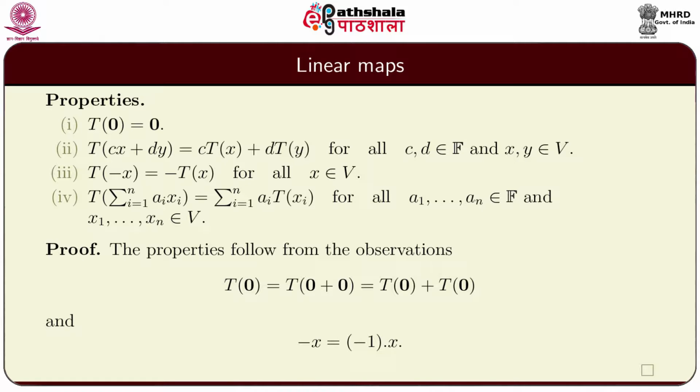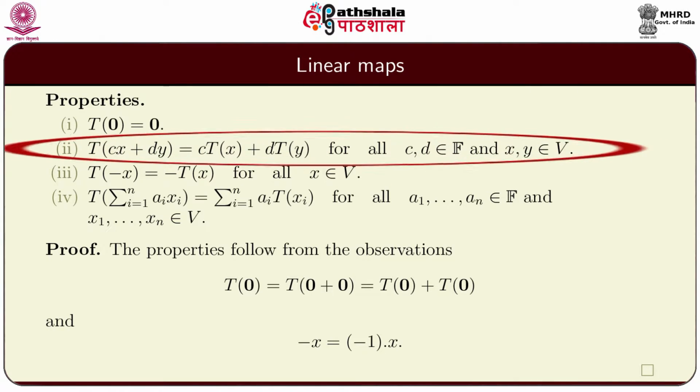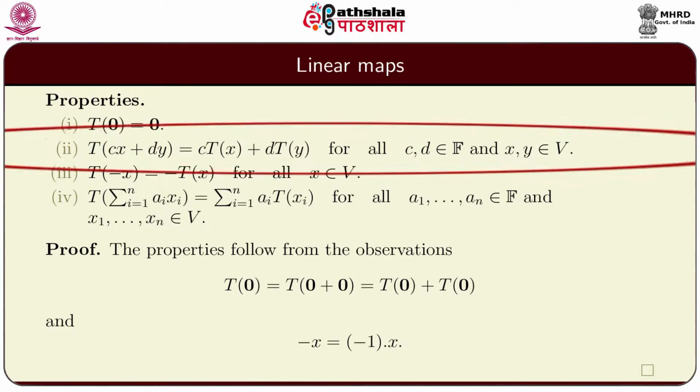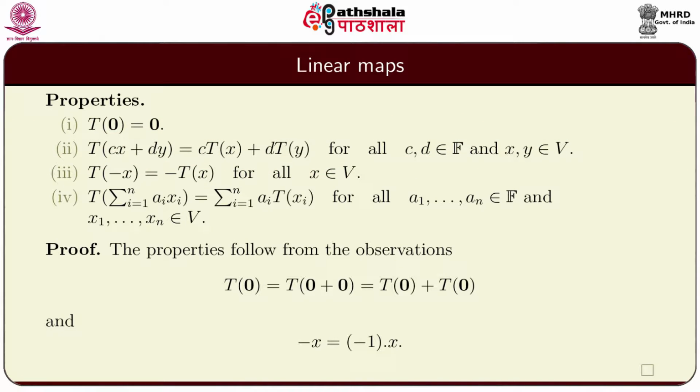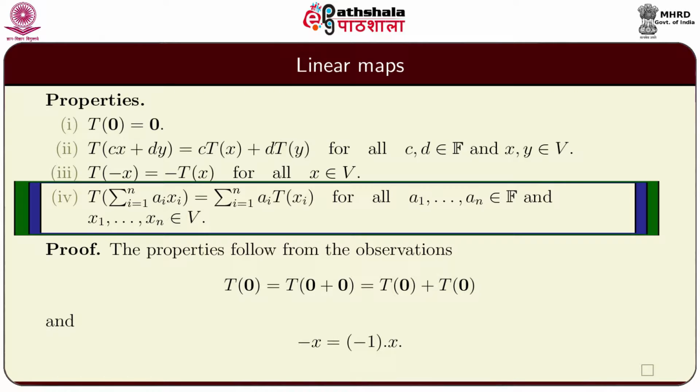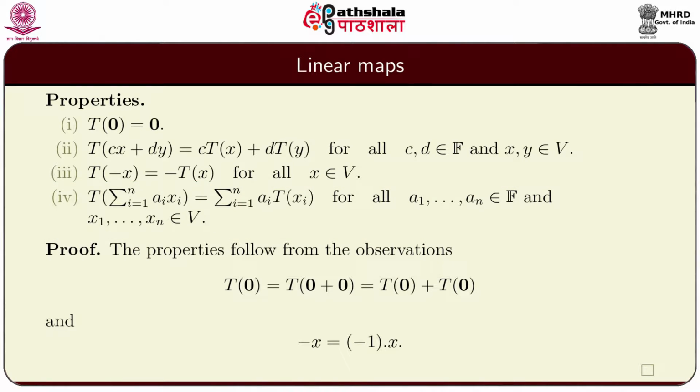So, the first property is T(0) = 0, that means it sends the 0 vector of V to the 0 vector of W. Then the second property says that T(cx + dy) = cTx + dTy for all scalars c and d and for all vectors x and y in V. Third property says T(-x) = -Tx for all vectors x in V. And the fourth property says that T of the summation a_i x_i, i equal to 1 to n, is the summation i equal to 1 to n a_i T x_i.